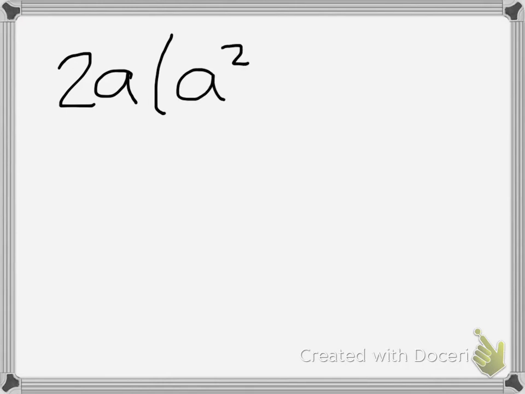Let's do one more example of that to make sure we feel good about it. Let's say I have 2a. Let's multiply that by a squared plus 4a plus 2b.